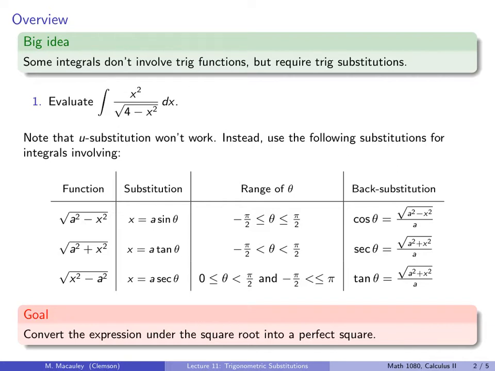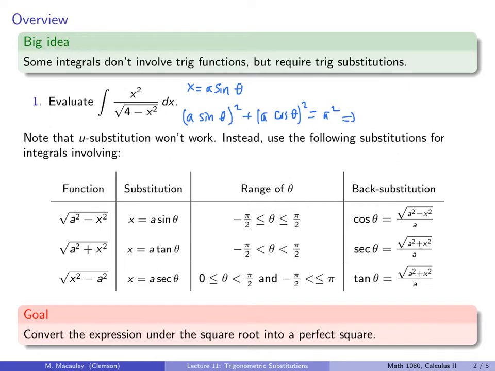To motivate this, in this example, let's suppose that if x equals a sine of theta, then a sine of theta squared plus a cosine of theta squared equals a squared.